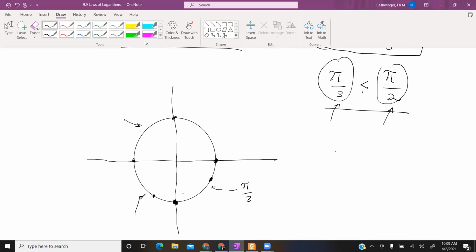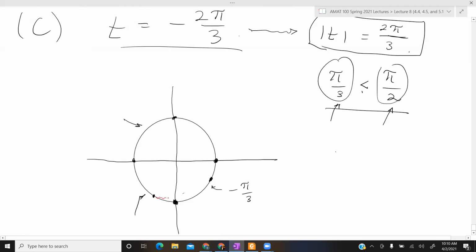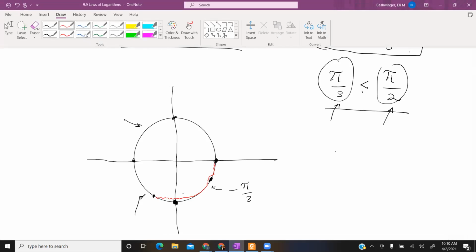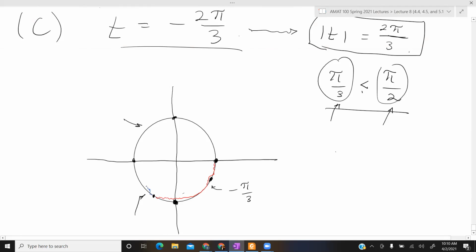So now we have these two distances, and let's just mark them. We have this distance right here, and then we have this distance right here.